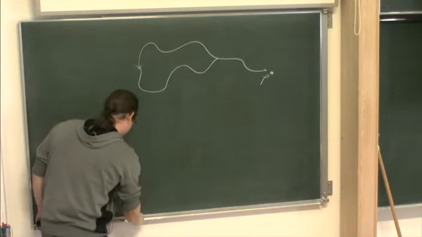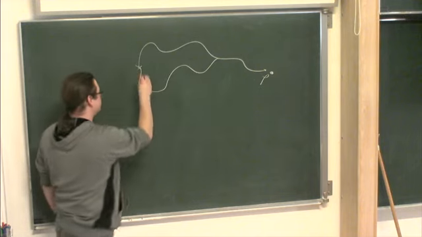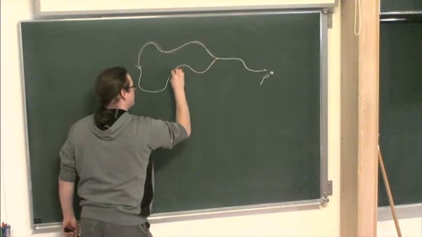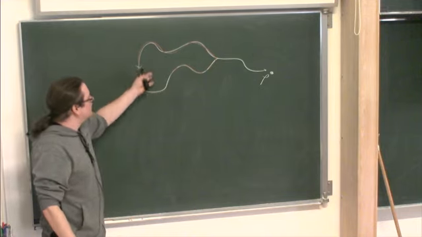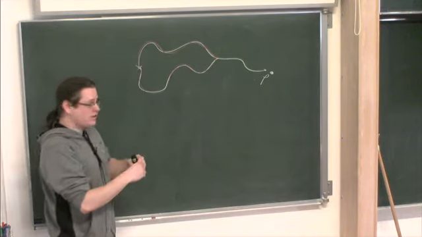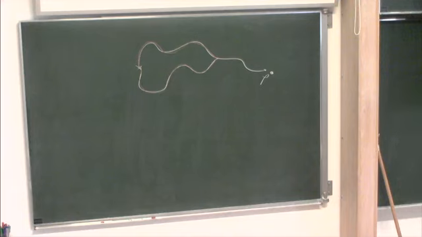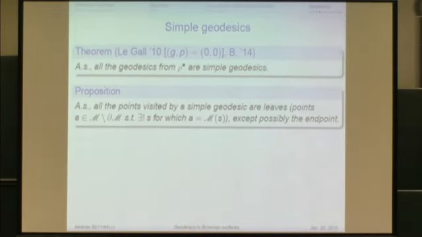If you look at the points such that there are two geodesics, you can look at the loop. If you are in the Brownian map, this loop is a loop in the sphere, so it will be homotopic to 0. It will be contractible. But in a general surface, it can be contractible or it can not be contractible. So we can look at points such that this loop is actually not contractible. And that's what I'm going to do now.